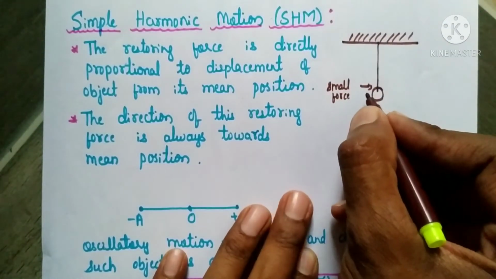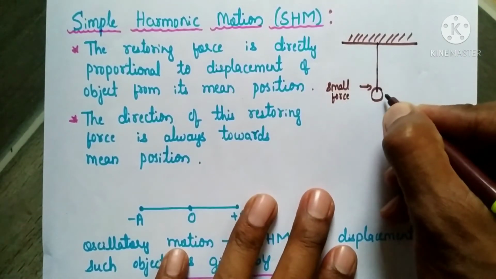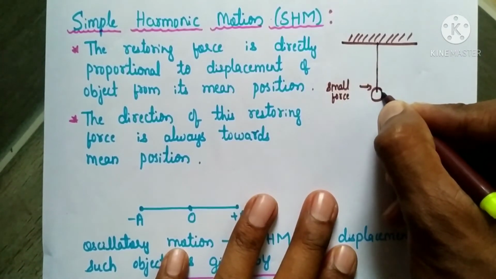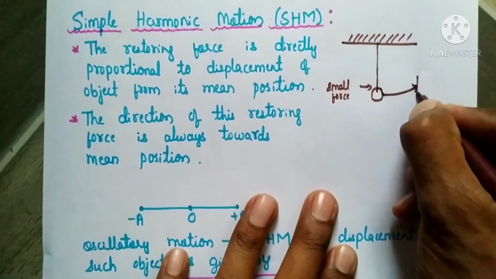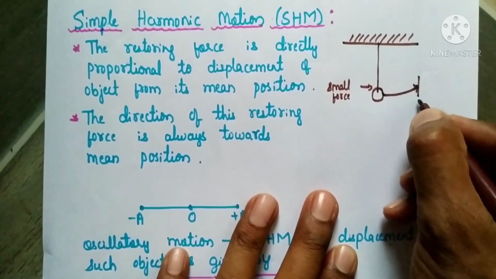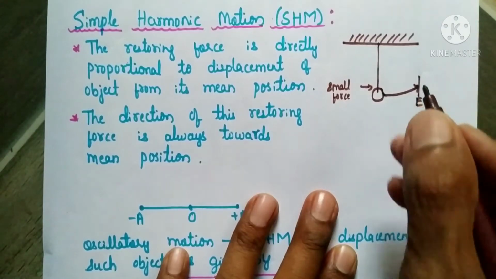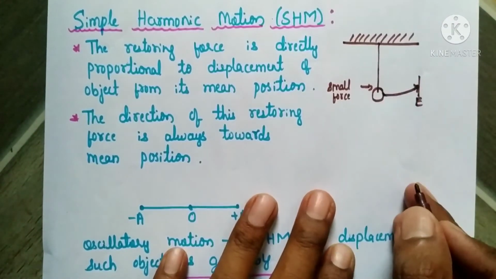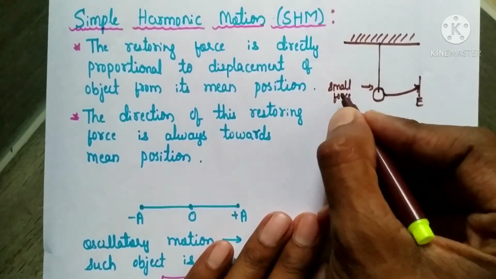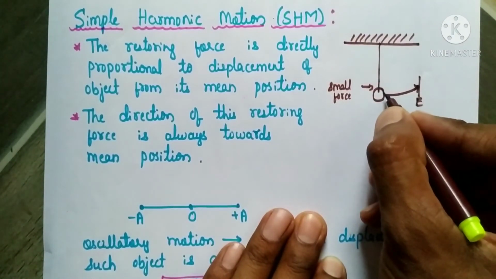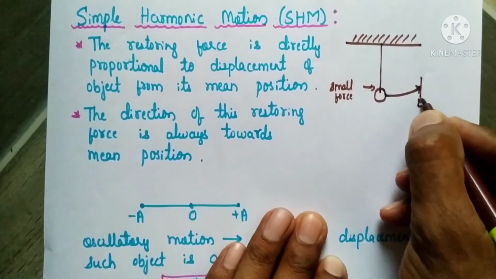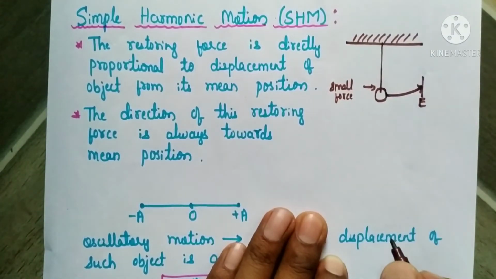When we apply the small force, the pendulum bob will go to one extreme position. Let me say up to this point it has gone. I will take only the right side extreme position. So I have applied a small force. As a result, the object has moved to one extreme position, let me say E.